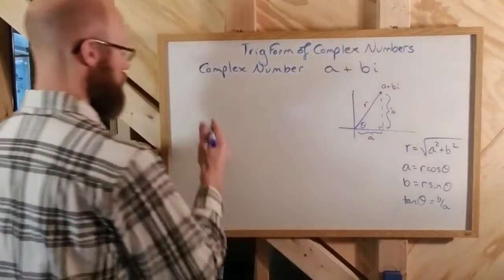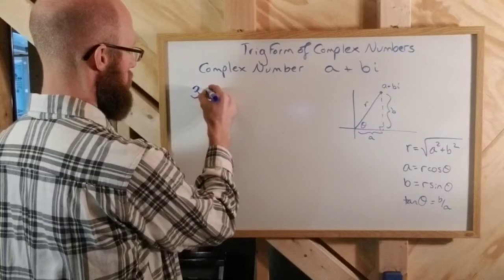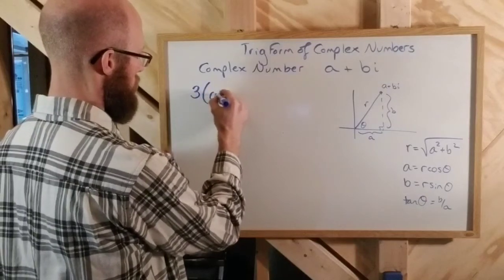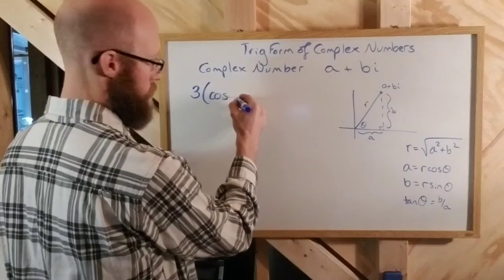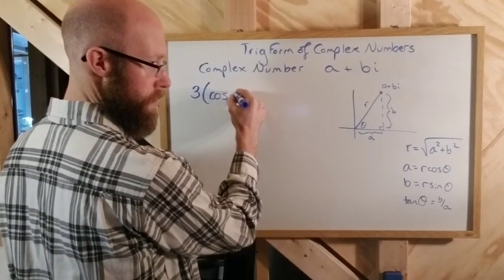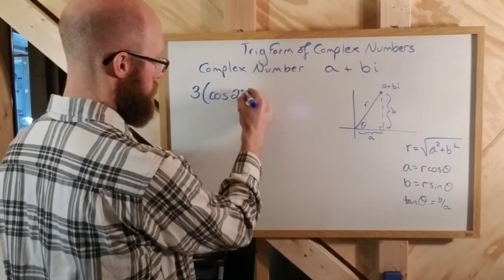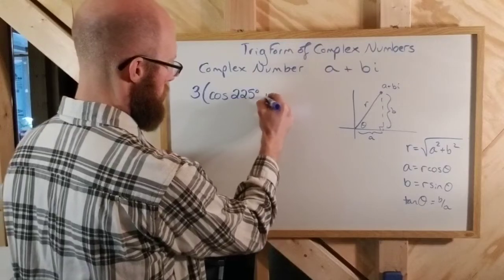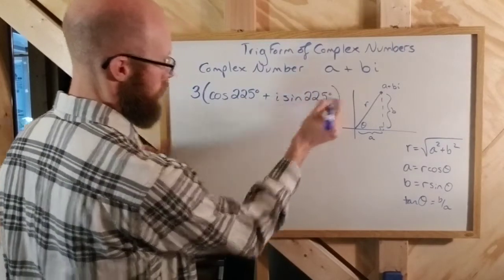So let's convert 3 times cosine of 225 degrees plus I sine of 225. We'll go with that one.